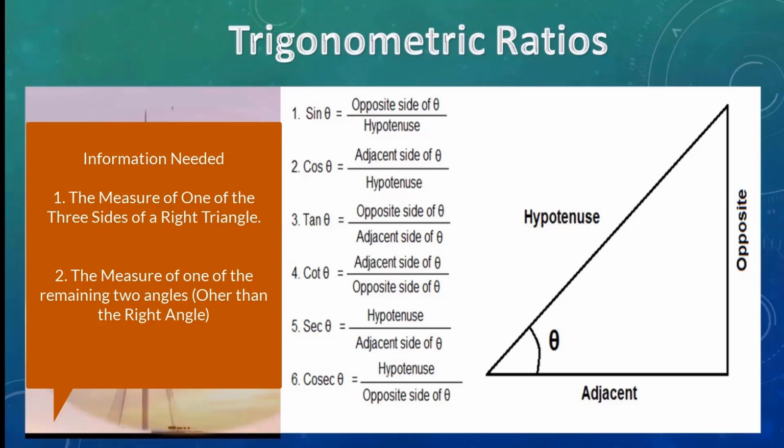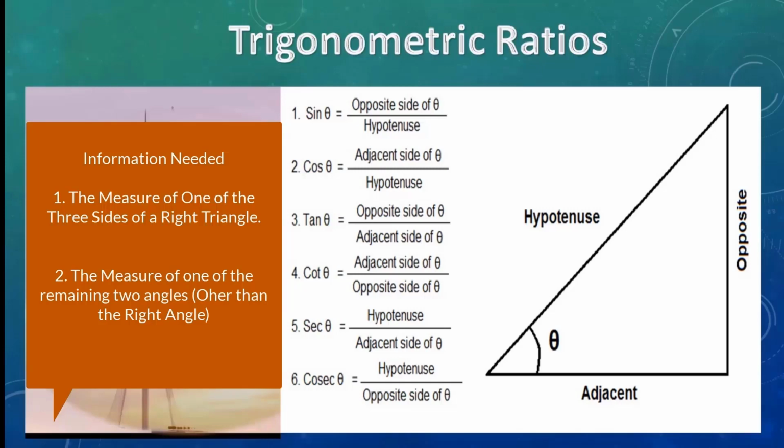Also, you need to know the measure of one of the remaining two angles. I mean, you already know that in a right triangle, one of the angles is 90 degrees. But that information is not enough. You must also know the measure of one of the two remaining angles.